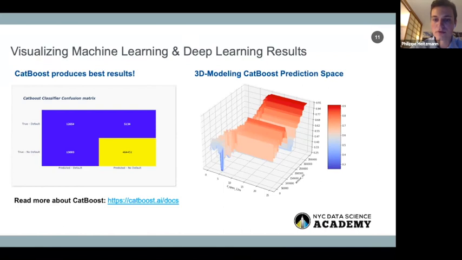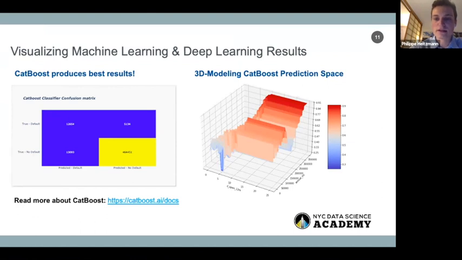So to 3D model this, I picked the two topmost important features by feature importance. Feature importances are essentially available in any model to see what your most important features are, and you can use that to build additional intuition about what might be interesting for additional feature engineering.